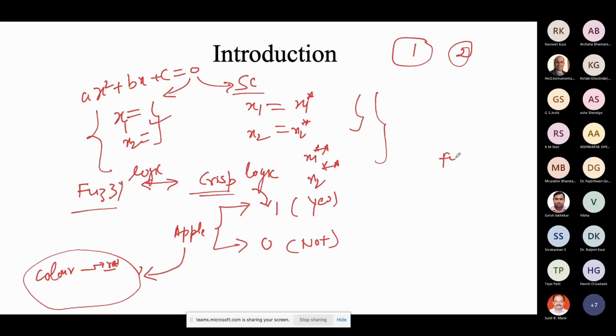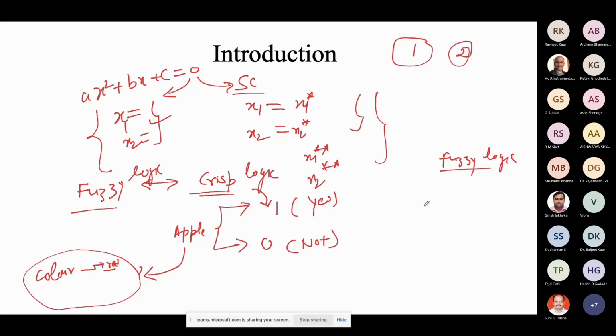But in fuzzy logic, we can see what different result we get. Here you can see that in crisp logic, this is physically not realizable. If we talk about physical things, red or not red, practically it is not like that.